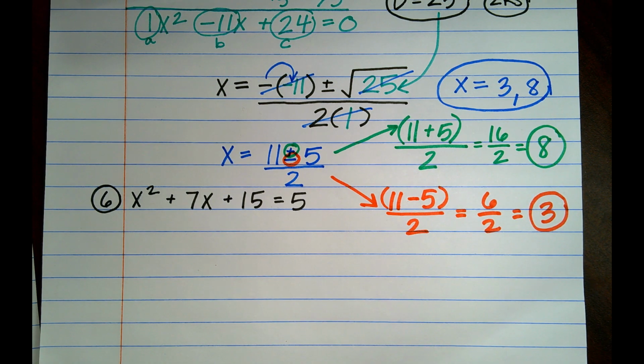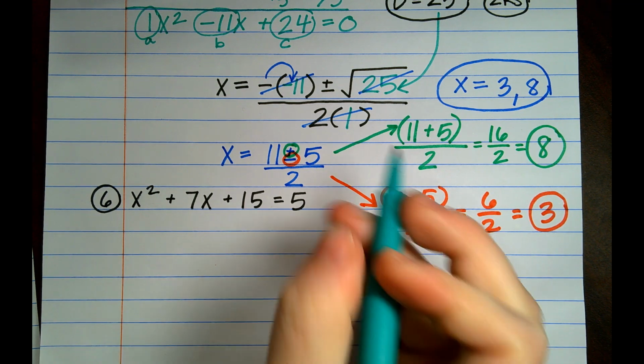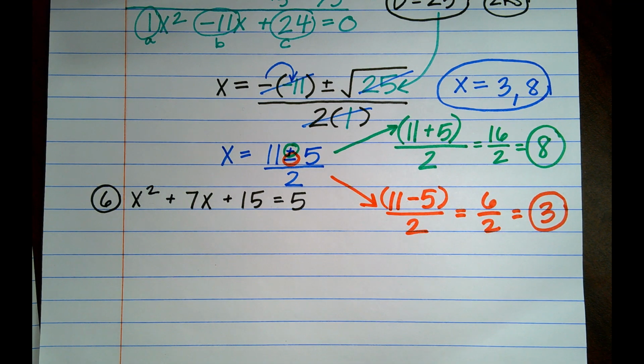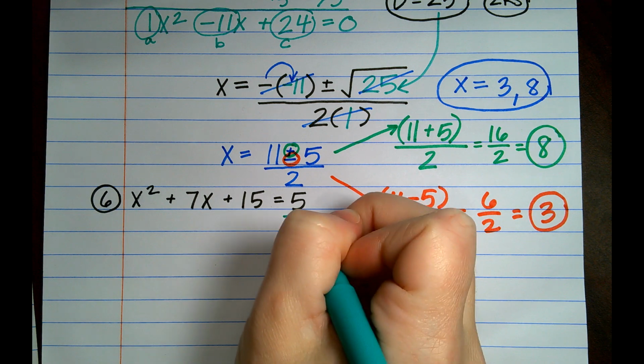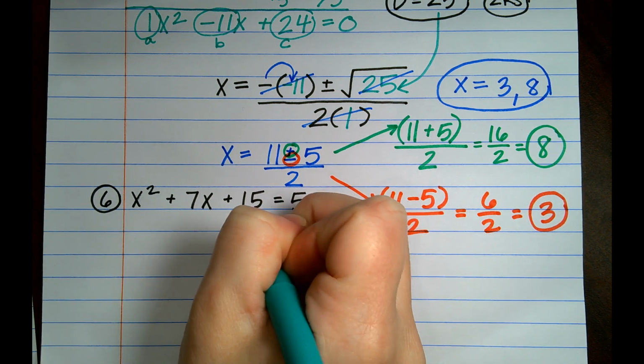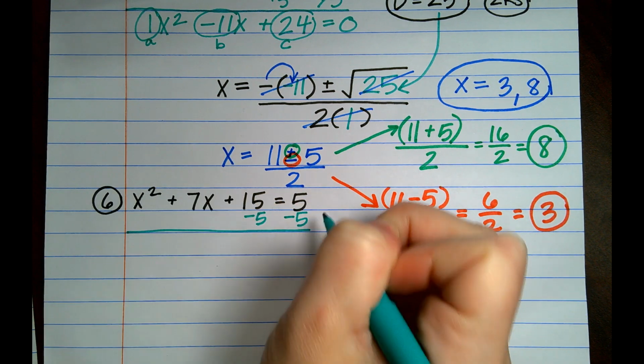Okay, so what was the first thing we had to do with this problem? We needed to subtract 5, perfect, because we want our equation equal to 0 before we start doing anything. So minus 5 on both sides.